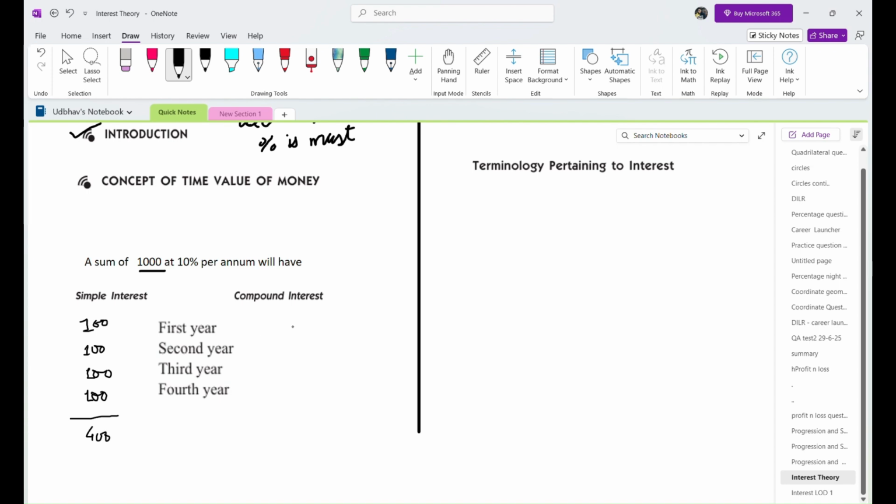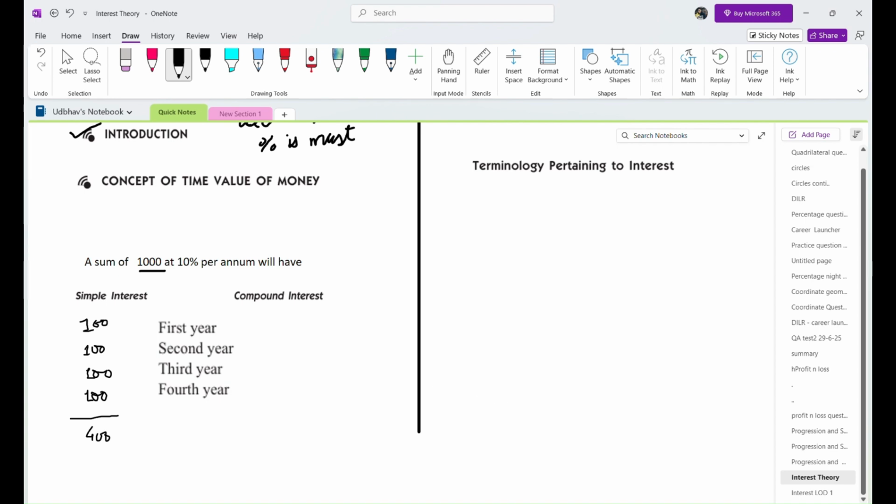The basic difference between simple interest and compound interest is that simple interest was being calculated on the initial sum that was there, the sum of 1000 rupees. But the compound interest will be calculated every year on the increased sum. First, our sum is 1000. For the first year, we'll get 10% on 1000, so we'll get 100 rupees after the end of first year, and we'll add that to our initial sum.